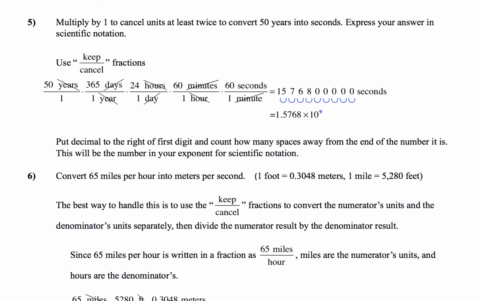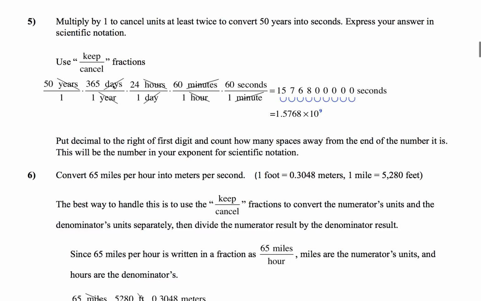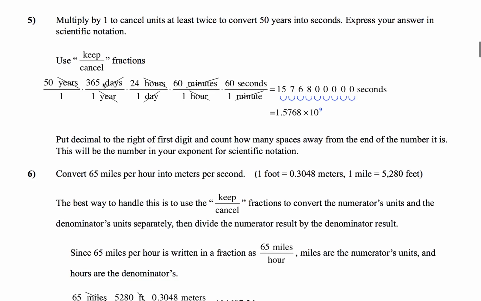Then we're still not anywhere close to seconds, so we're going to convert our days to something shorter. The next shortest unit I can think of is hours, so we'll multiply by 24 hours over 1 day, because the day is what I want to cancel out of this fraction.